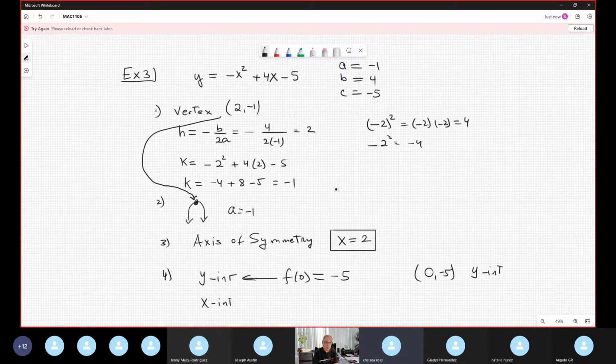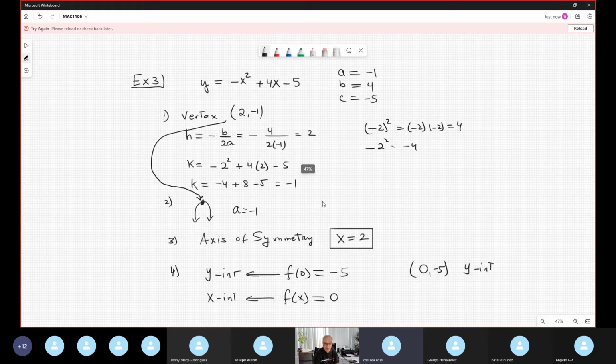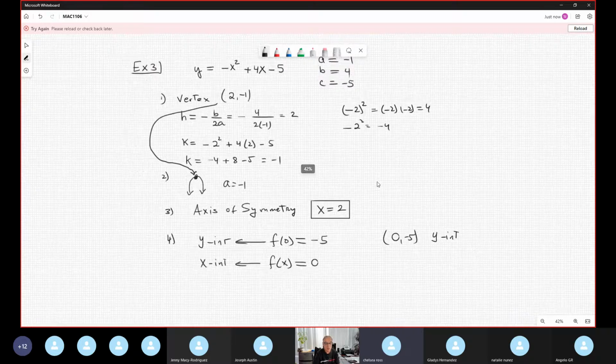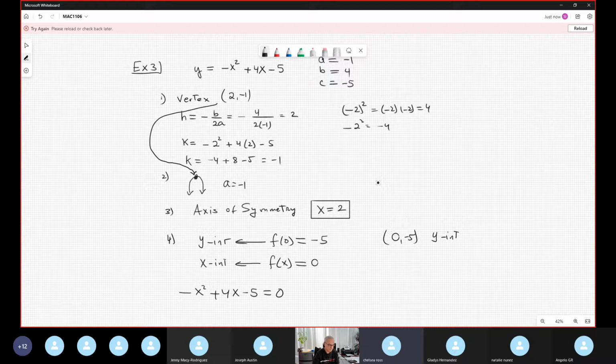My x-intercept, well, this is more complicated because you need to take the function exactly as given at the beginning and force it to be 0 and find the x-intercept. The x-intercept is equivalent, guys, to solving the quadratic equation associated with the quadratic function. Basically, I copy minus x squared plus 4x minus 5 equal to 0.